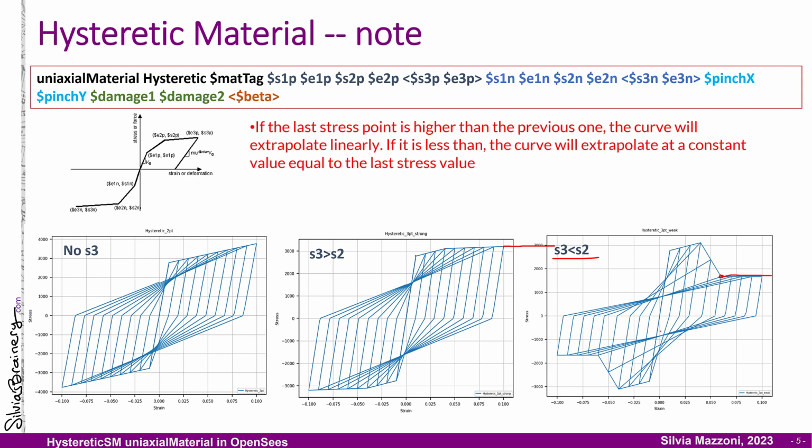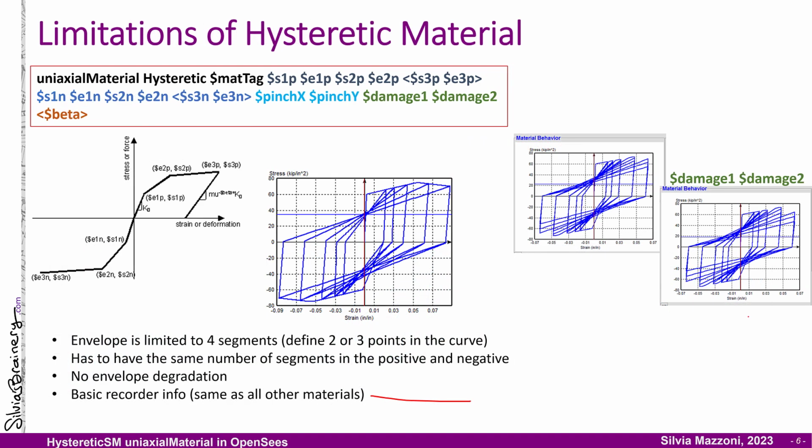So this is really handy because this does well with ASCE 41 type of parameters early on. But now they're adding more steps to this curve, so we need a few more points in the hysteretic material. And so that's one of the limitations: it's only limited to 2 to 3 points, at the most 4 segments.